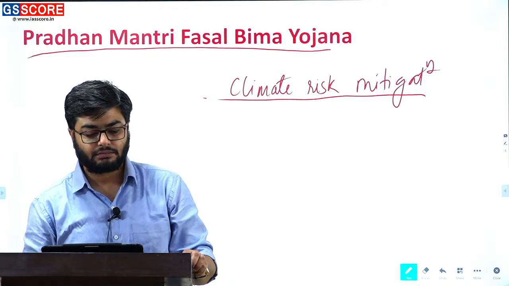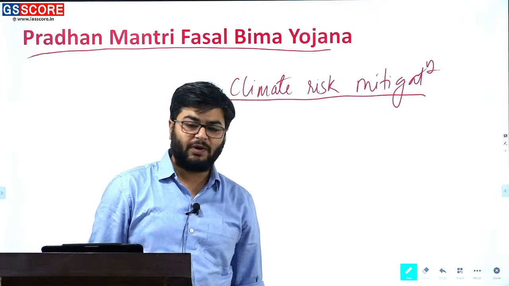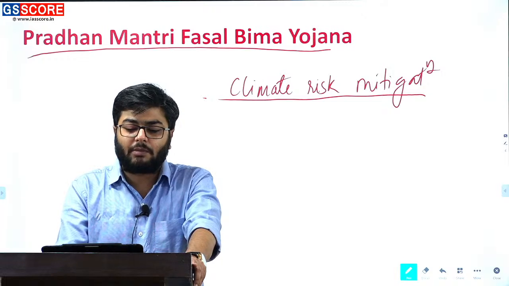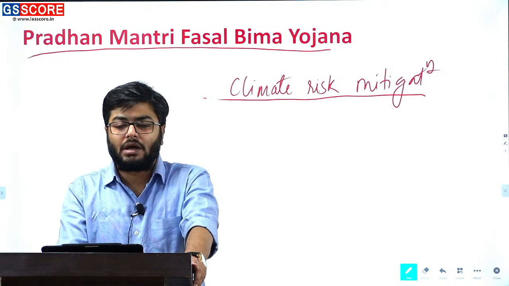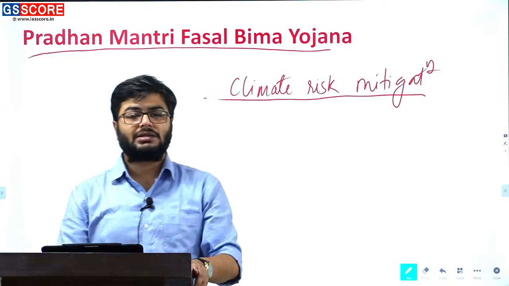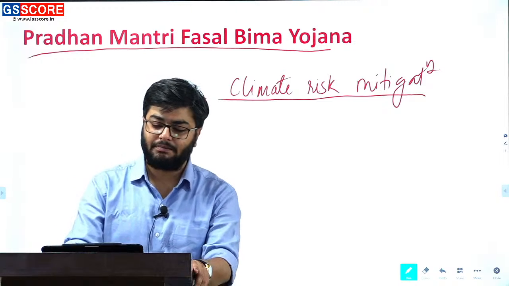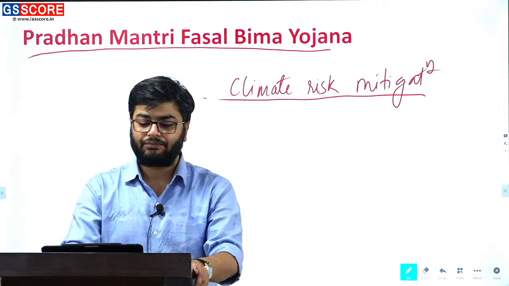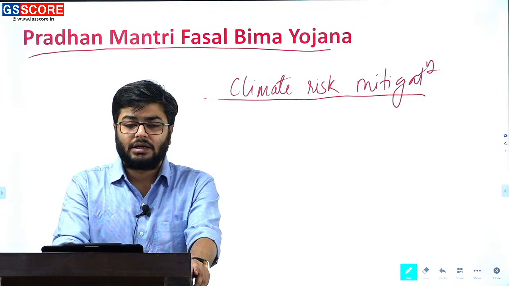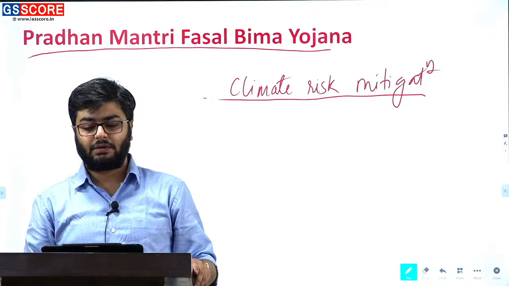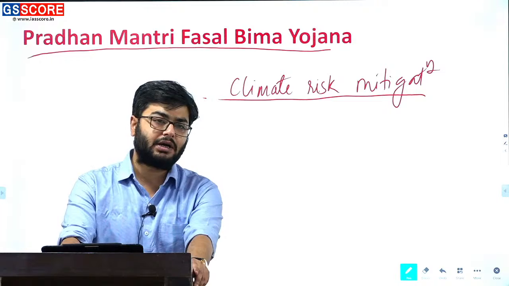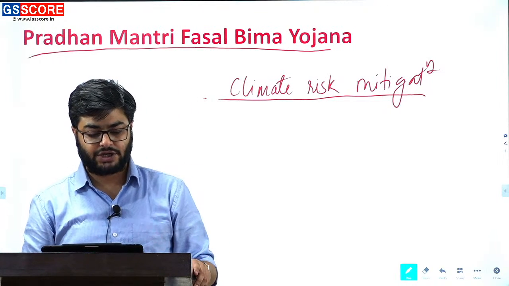The premium rates vary for Kharif and Rabi crops. Premium support is provided by the center and states in a joint manner. There is no upper limit on the subsidy. The government will bear the premium burden above the farmer's share.